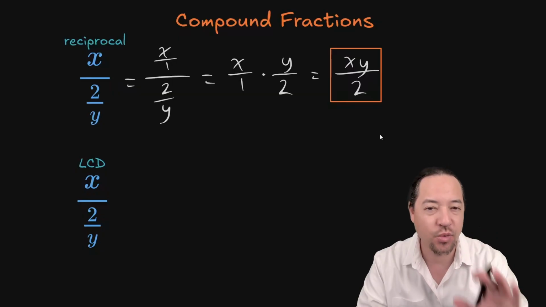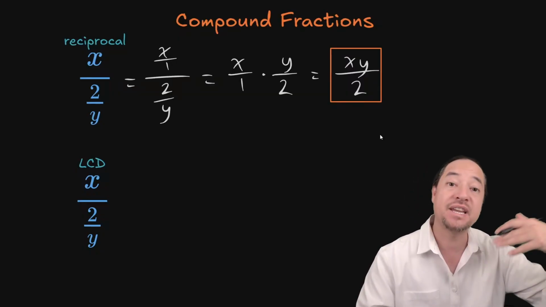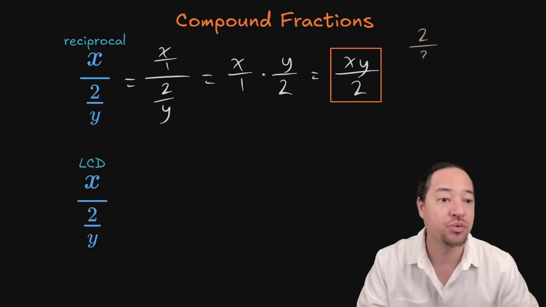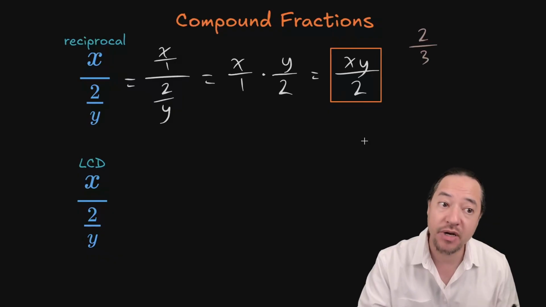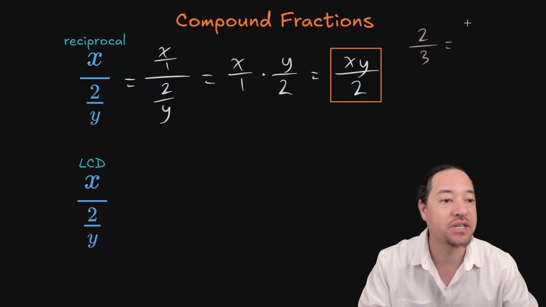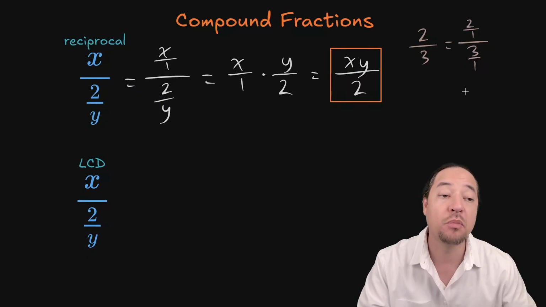Now remember, this works because division is like the multiplication of a reciprocal. For example, let's say I have a number. Maybe it's 2 over 3, 2 divided by 3, right? So what is this equal to? Well, you can think of this as 2 over 1 divided by 3 over 1. And I can then change this into multiplication.